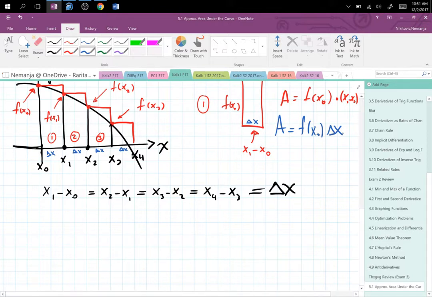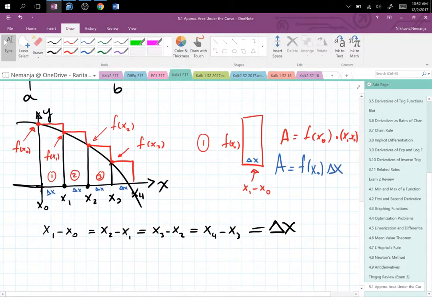That's it. You cut the interval that you see into some number of divisions, x0, x1, x2, and so on. That gives rise to the rectangles, and you calculate each independent rectangle area, you add them all up, and that approximates. We have error. All of this that I'm going to color now is error.